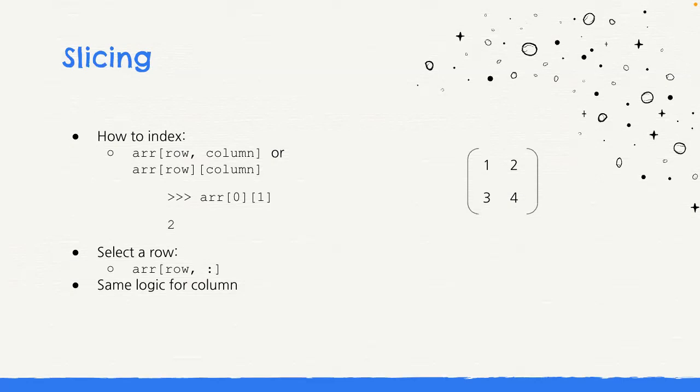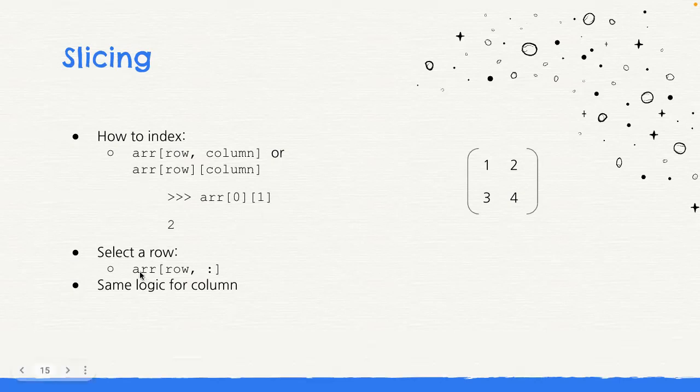So if I wanted to grab number 2, it's in the first row, so 0, and then it's the second item. So you put 1, and it'll give you 2. You can use either of these 2 ways to index. I generally use this way, but either way works. So always start with your row first, then your column number, and everything always starts at 0. So it's like 1 minus what you think it is.